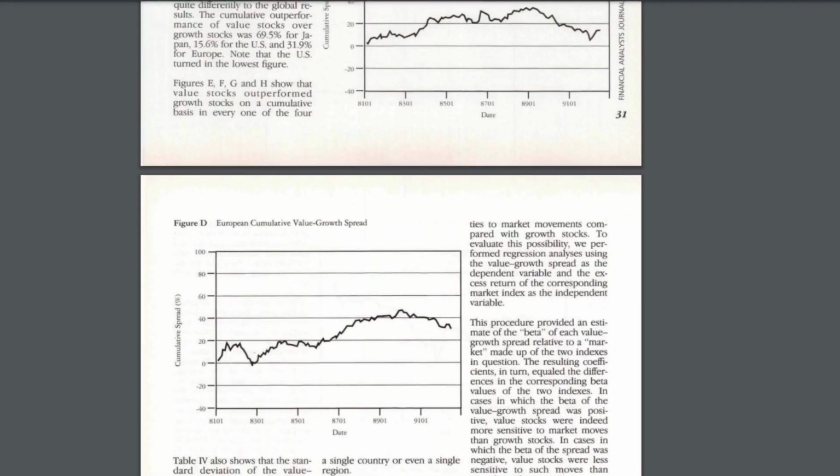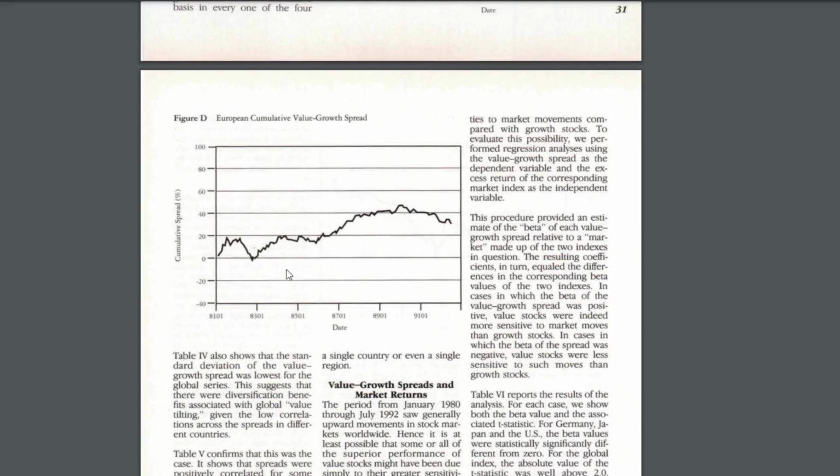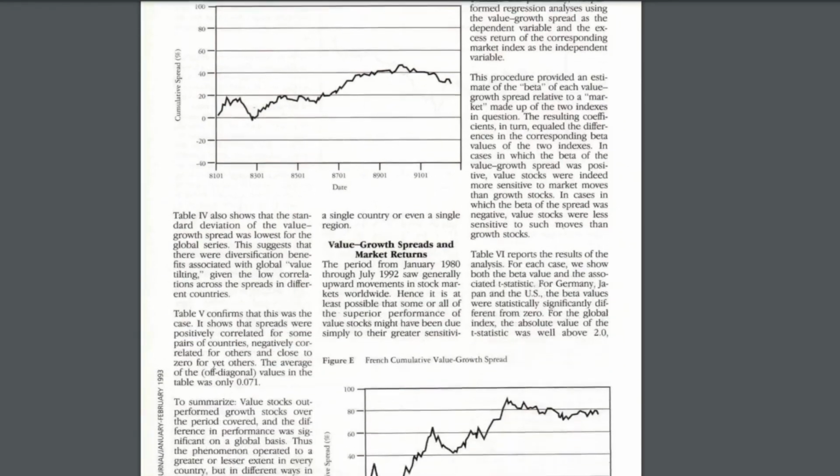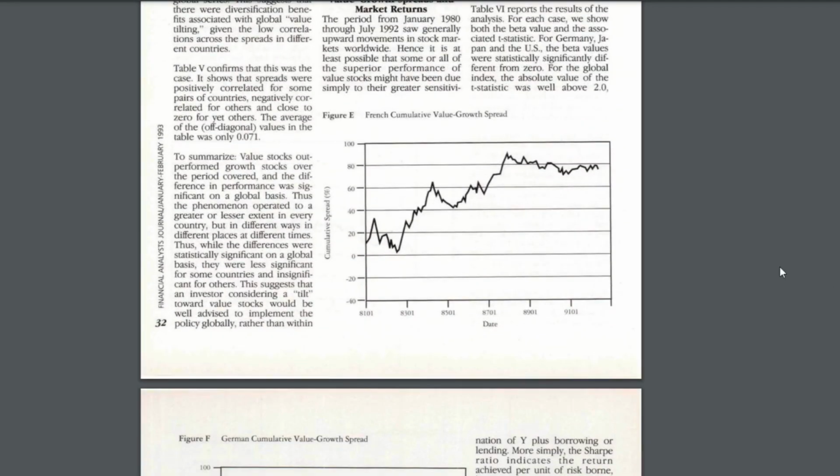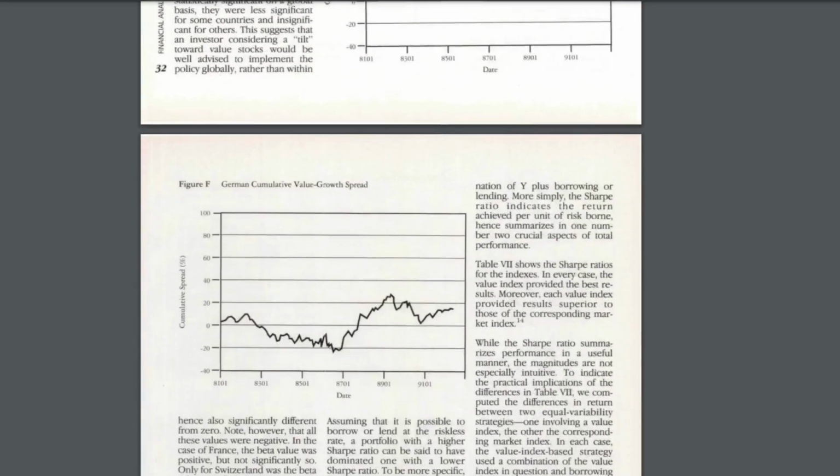And that's really the case for almost everything. So in Europe, there is a small period of time where it does become negative. I think the most pronounced one is in Germany. But in France, this is a really interesting one. It went down around the beginning, but then stayed way up.